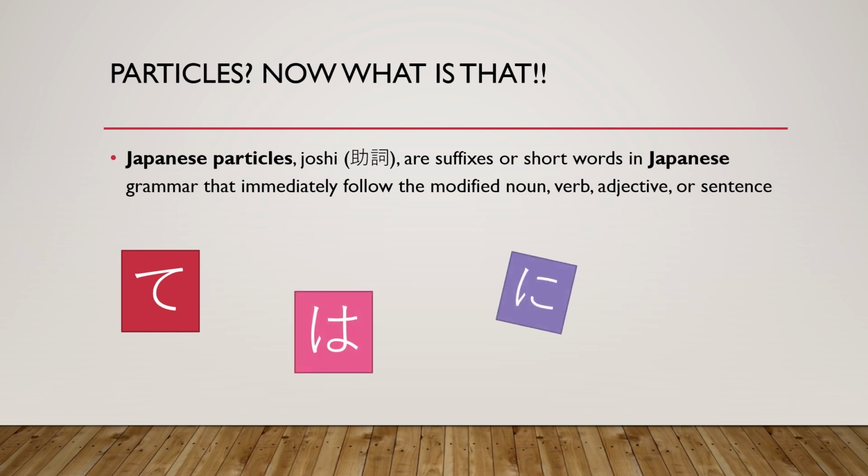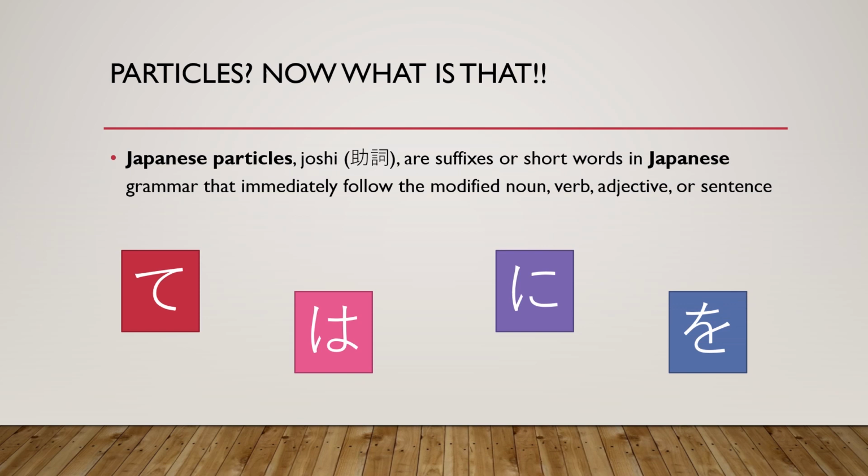They are suffixes or short words in Japanese grammar that are used immediately after the modified noun, verb, adjective, or the entire sentence. I guess so far we've understood the difference between the sentence structure of English and Japanese language.